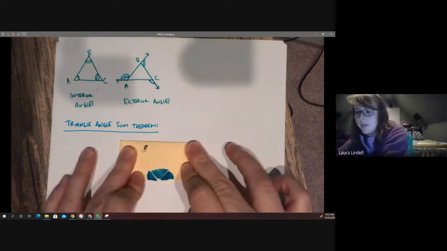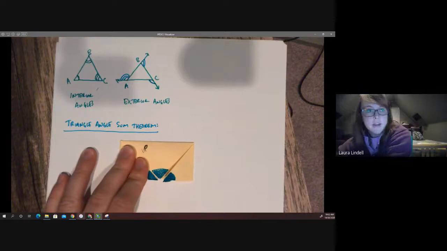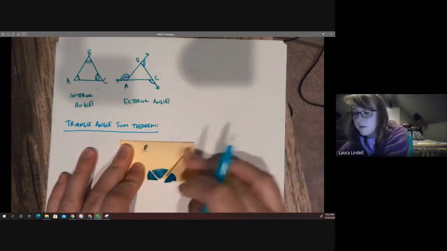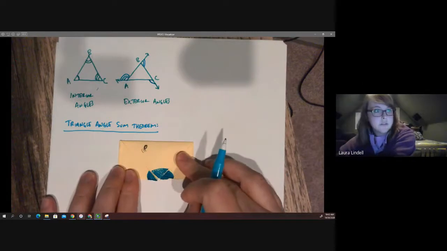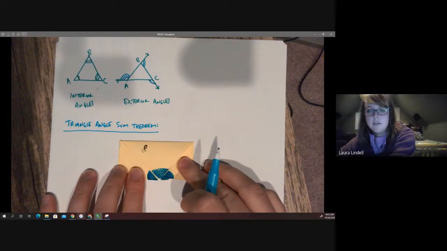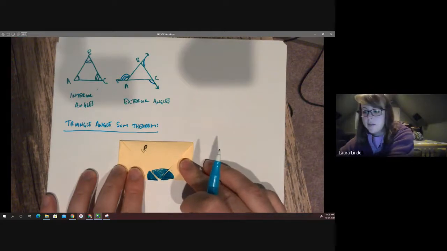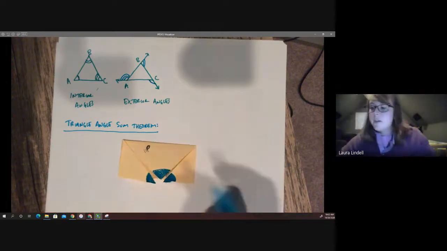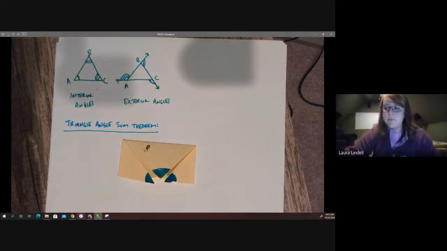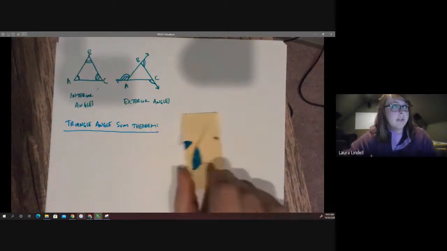Notice how together along this line, these three angles make up that whole line. What do we think those three angles are going to add up to if I were to add them all together? What angle makes a straight line? 180. Yeah, so this is an illustration that the angles of a triangle add up to 180. And that is what the triangle angle sum theorem tells us.